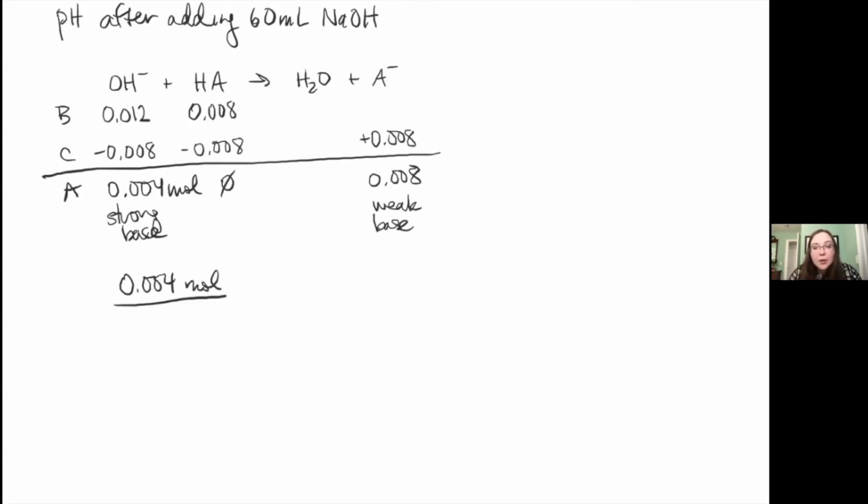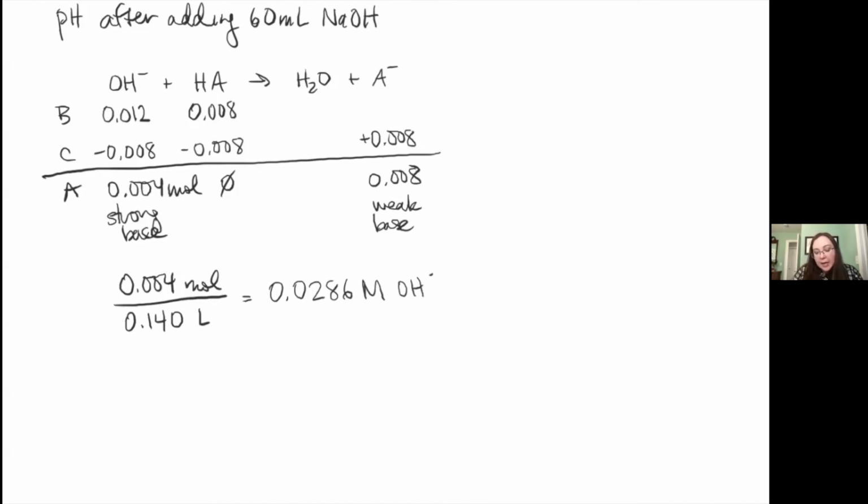We have to make sure we turn that into concentration. So we've added 60 milliliters of NaOH, and we started with 80 milliliters of formic acid. So we've got 0.14 liters. And that gives us our concentration of 0.0286 molar hydroxide ions.